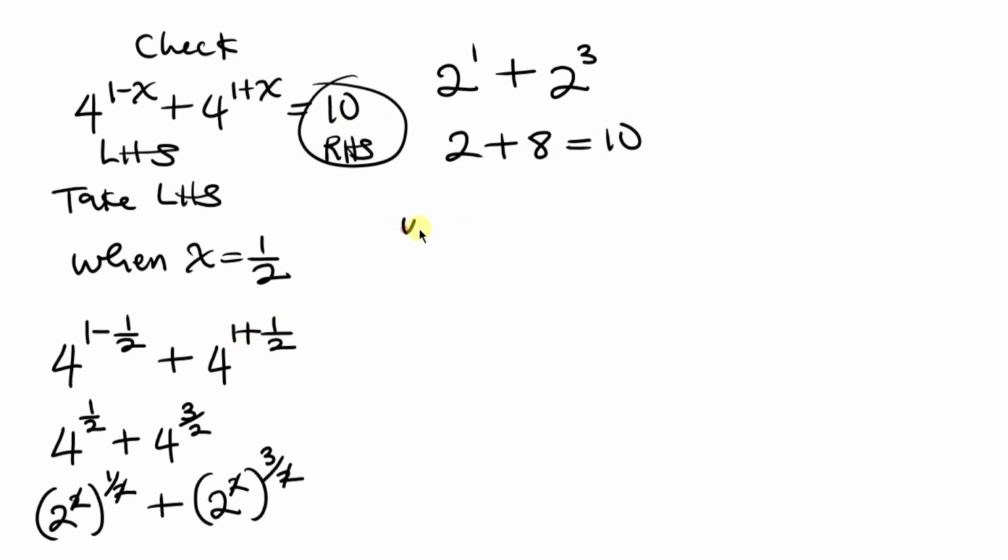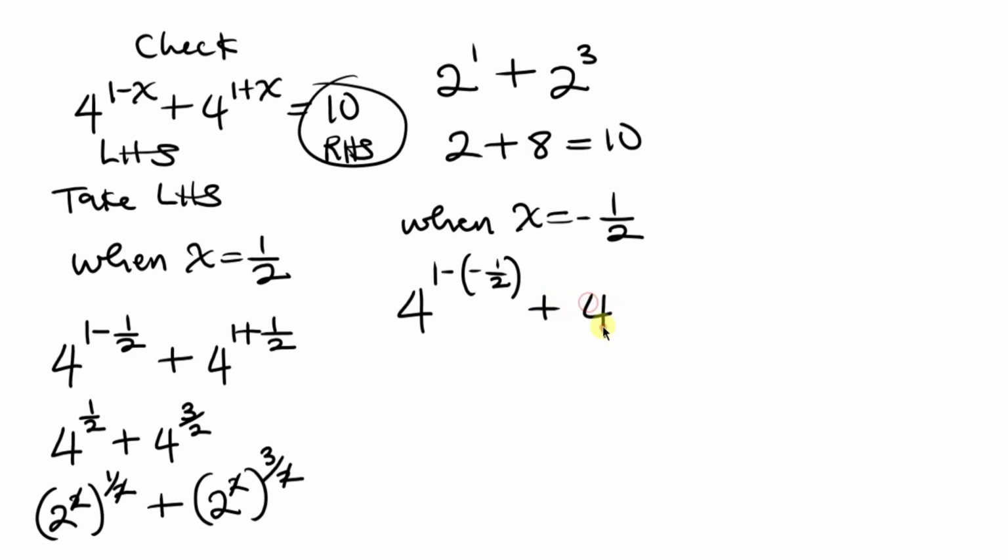2 plus 8 gives 10, which is equal to the right-hand side. Now we can also test for when x is equal to negative 1 over 2, because this is the other value of x we've got. If we put it into our original equation, we still have the same result. So this is 4 to the 1 minus x, where x is negative 1 over 2, plus 4 to the 1 plus x, where x is negative 1 over 2.